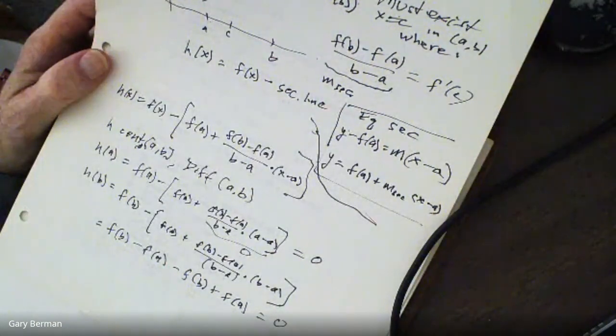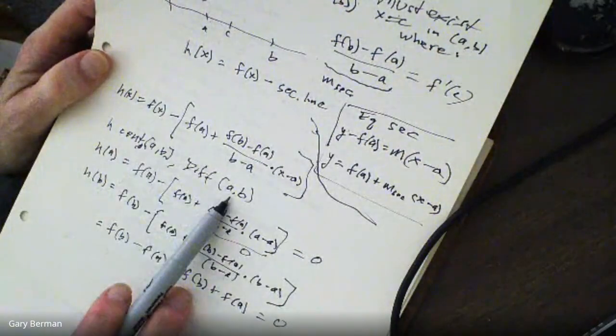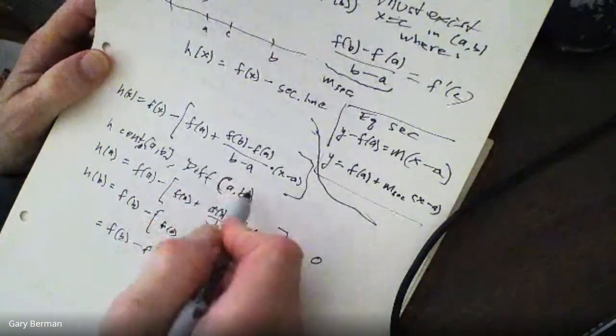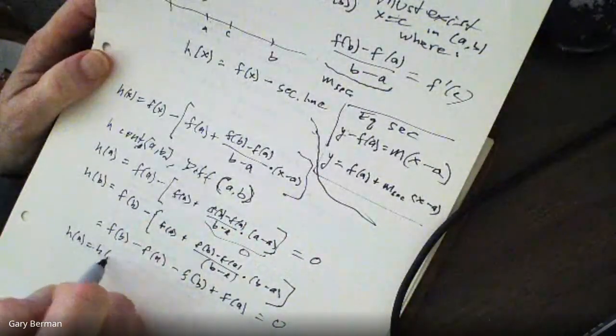Okay? Well, what do you know? Our function h satisfies the requirements for Rolle's theorem. It's continuous on the closed interval, differentiable on the open interval, and it has the property that h of a equals h of b.